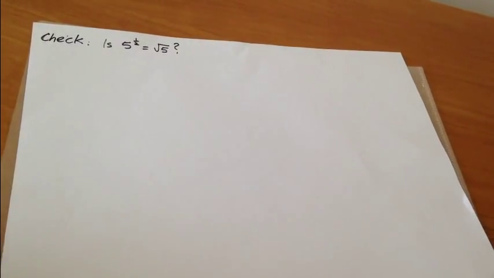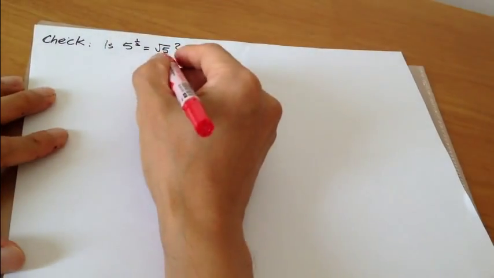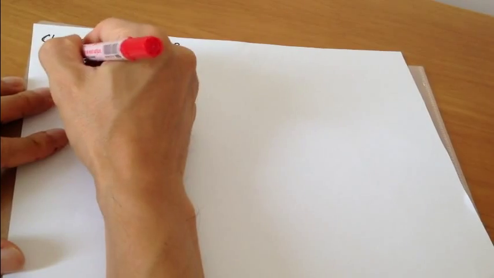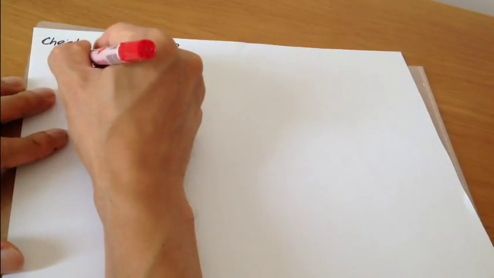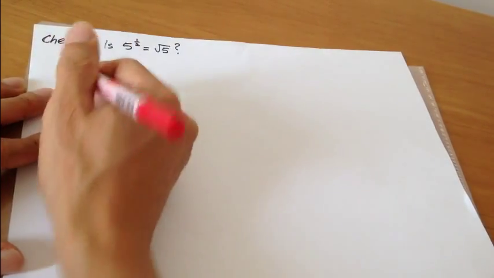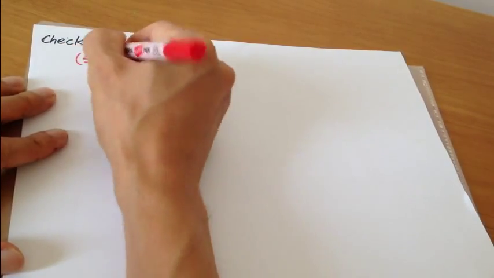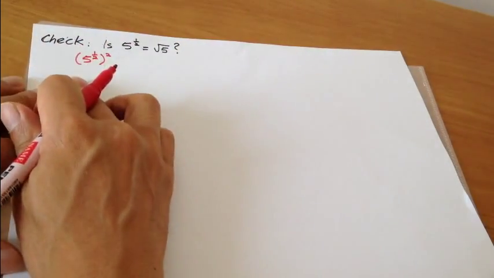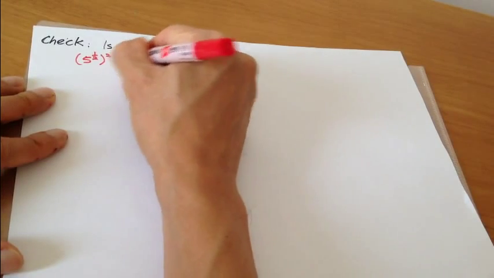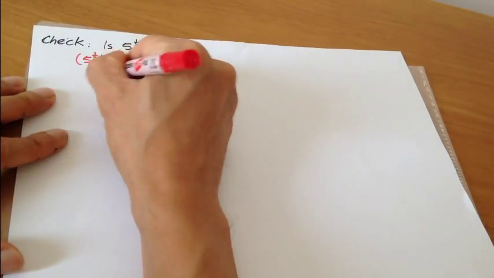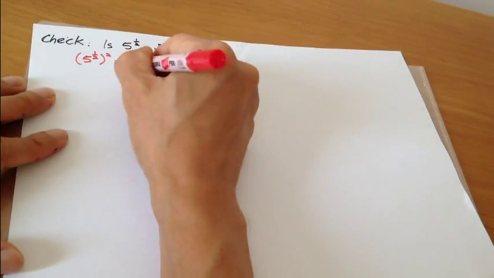So right now, let us check whether 5 to the power of half is really equal to square root of 5. Let's assume that 5 to the power of half is a number, and now I'm going to square this number. If I square that number, then I will get 5 to the power of 1.